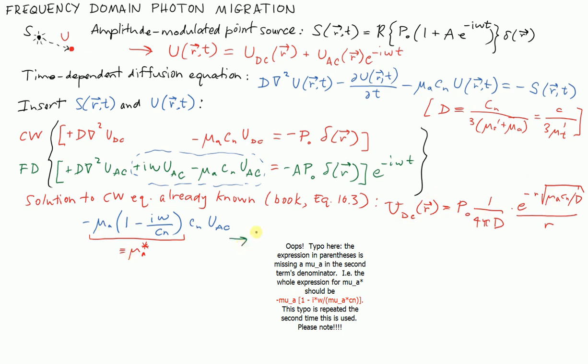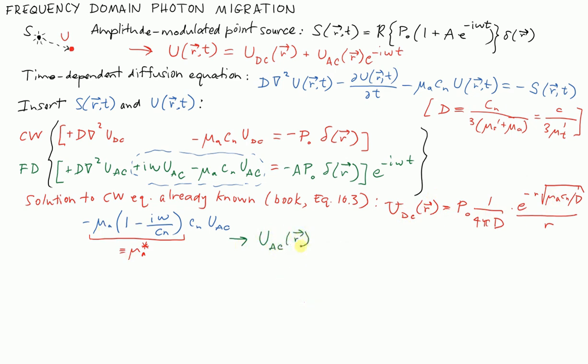So the UAC expression that we're seeking is going to be equal to, well, instead of P naught, we have A P naught, 1 over 4 pi d, none of that has changed. We didn't change the d here, we just changed this quantity mu A here.